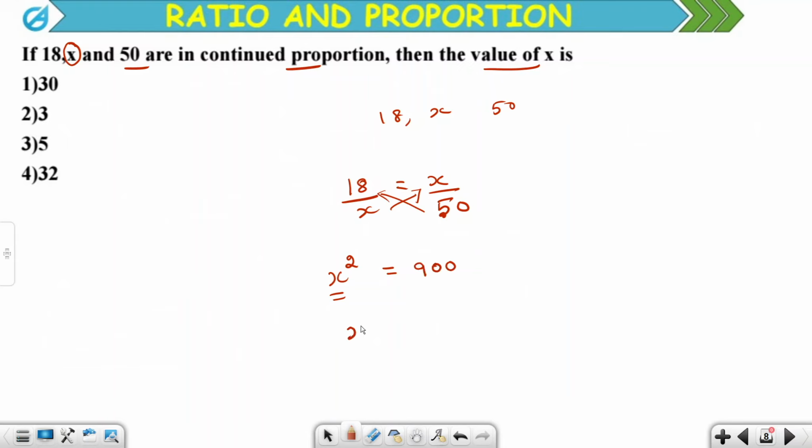But we need to find the value of x. So x is the root of 900, which is equal to 30. So the value of x is 30. If you observe, this is nothing but the mean proportion, where 18 is the value of A and 50 is the value of B.